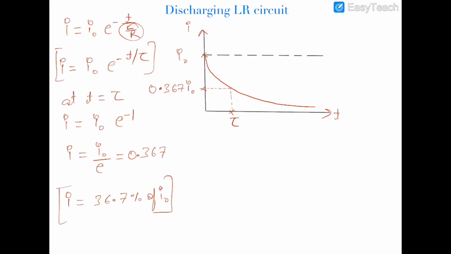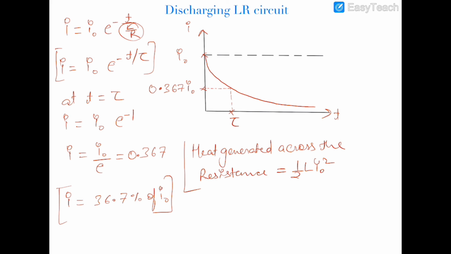So this is the graph of the discharging LR circuit, and I can say that the heat generated across the resistance is equal to half L I naught square, which was the initial energy stored in that inductor.